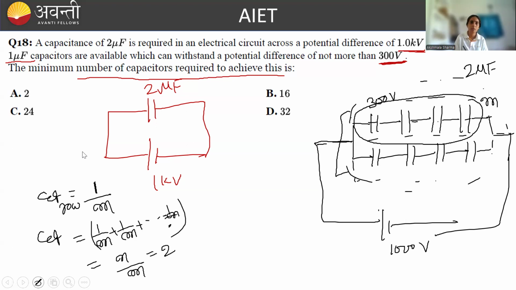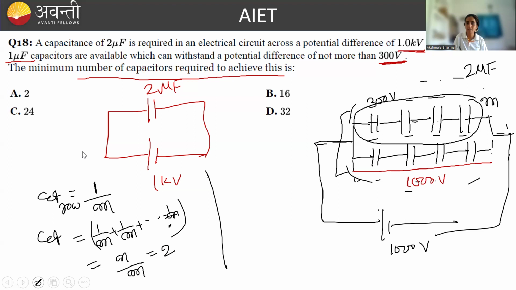So this is 2. Now, one more clue was given. One capacitor can withstand how much voltage? 300 volt. And if I talk about one row, then this whole row will have how much voltage drop? 1000 volt. All capacitors in each row are equal, so they will take equal potential drop.